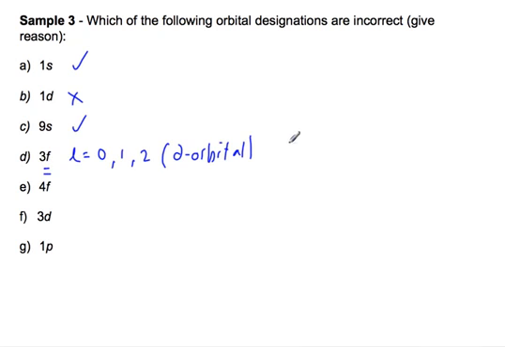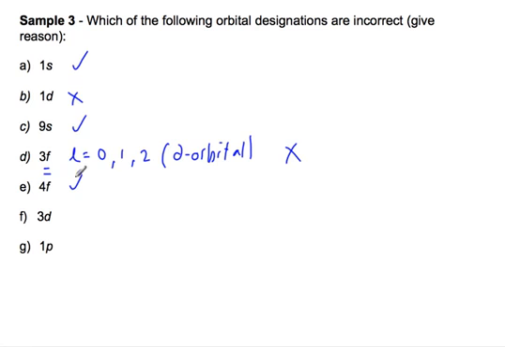So an f designation would need a value of l of 3, which is not possible here. So that is not possible, that particular one. On the other hand, 4f is possible for that very reason. So the f orbitals do not appear until n equals 4, the fourth energy level.